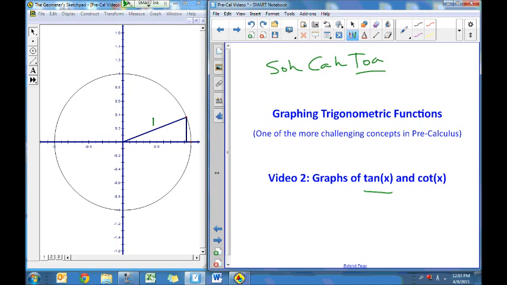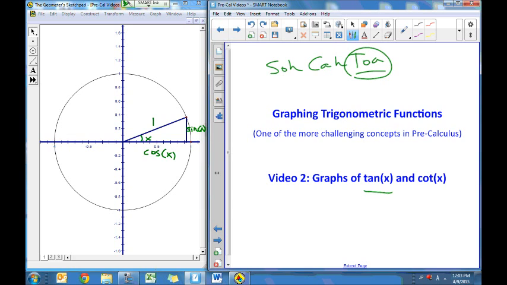In the last video, here's the angle, x, and this is going to be the opposite over the adjacent. But in the last video, we used a really convenient thing where the opposite is equal to the sine of x because we're dividing by 1. And the adjacent is the cosine of x, again, because we're dividing by 1. Now, the tangent is the opposite over the adjacent.